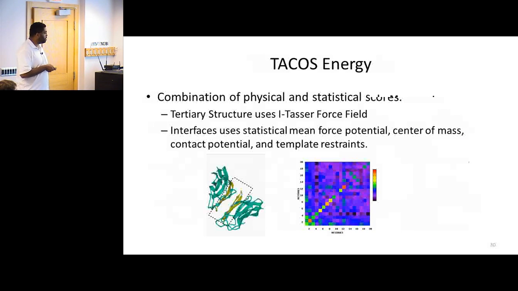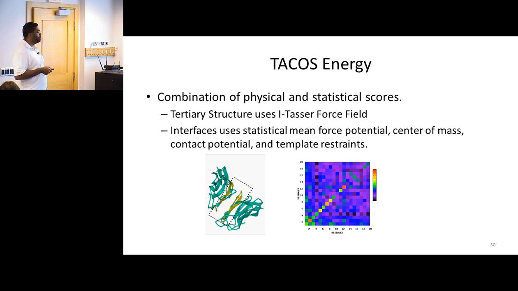Most of the energy functions are very statistical in nature. For example, here is an image of a protein interface. We go through our PDB, take a non-redundant set, and look at the frequency of different pairs of amino acids coming into contact.